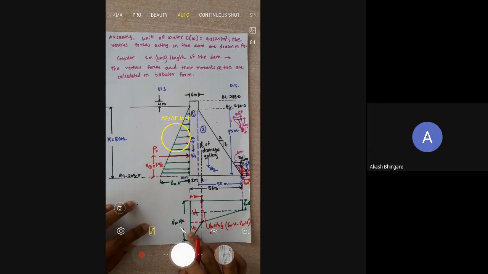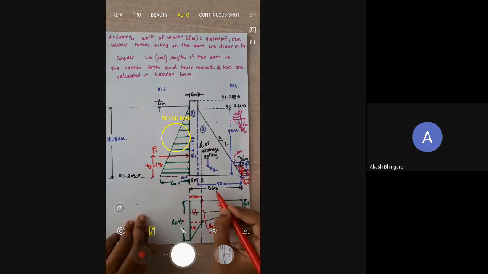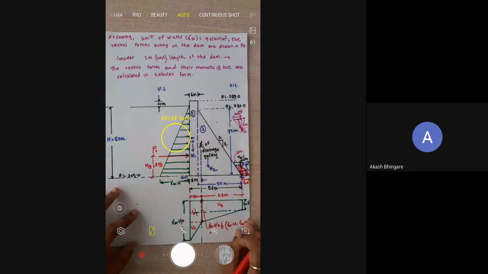U3 will be this rectangular strip of 48 meter width. Out of 56, if you subtract 8, this will be 48 meter. So U3 will be gamma W into H dash into 48.